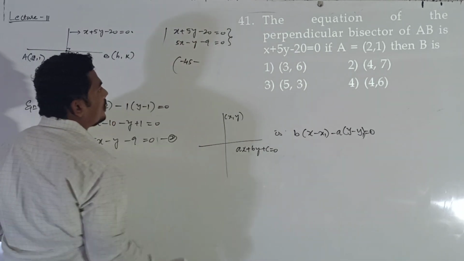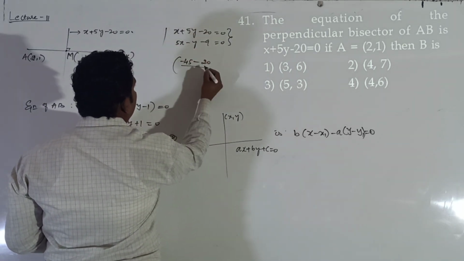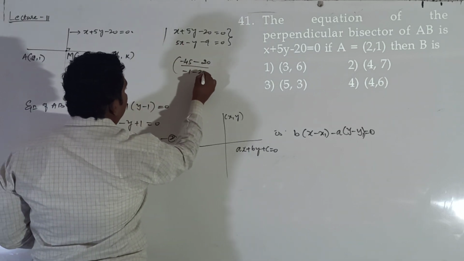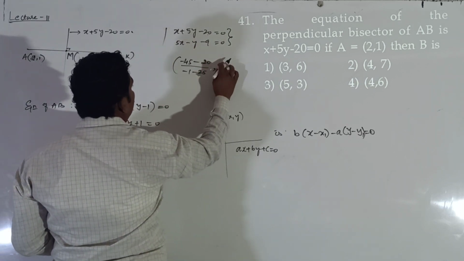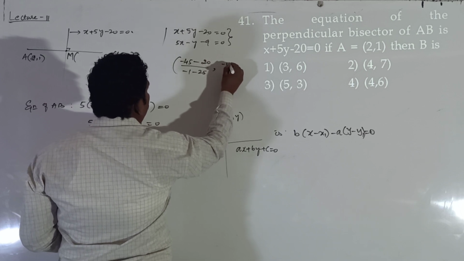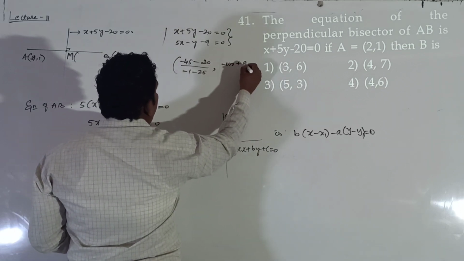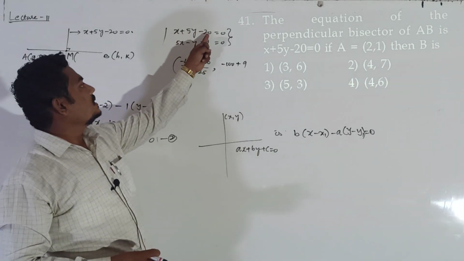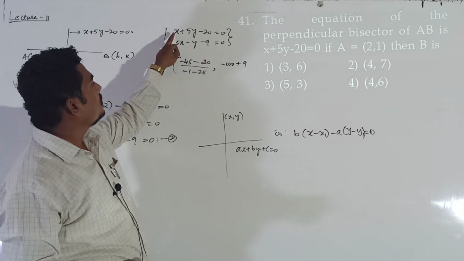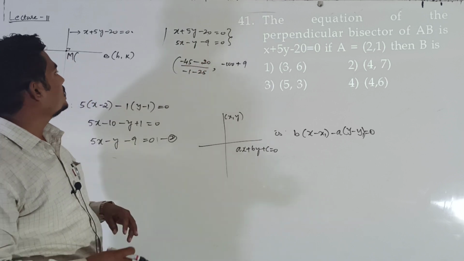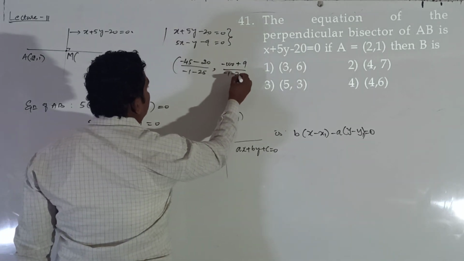B1 C2 minus B2 C1, that is minus 20 divided by minus 1 minus 25, comma C1 A2 minus C2 A1, that is minus 20 into 5, minus 100, minus of minus plus 9, divided by minus 1 minus 25.